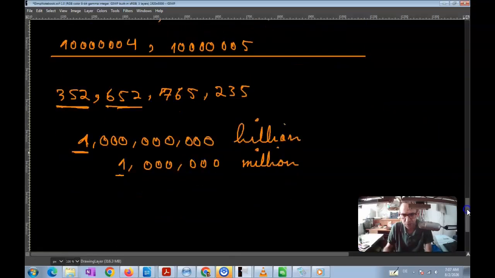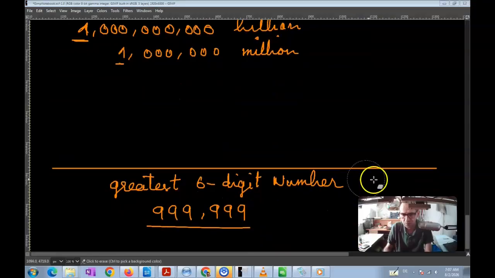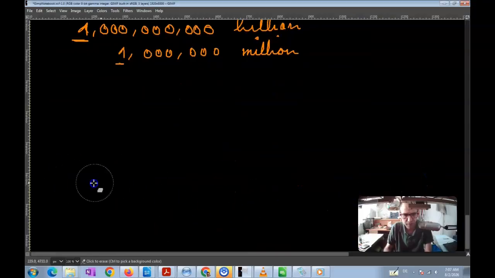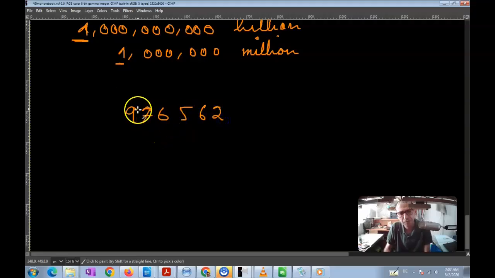In the international system of numeration, if you have these digits over here, for example 9, 7, 6, 5, 6, 2, which is the usual system that we use, we put a comma over here, and then of course we read that as 976,562, right?